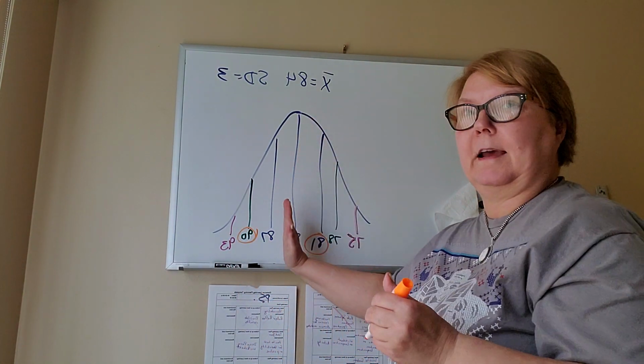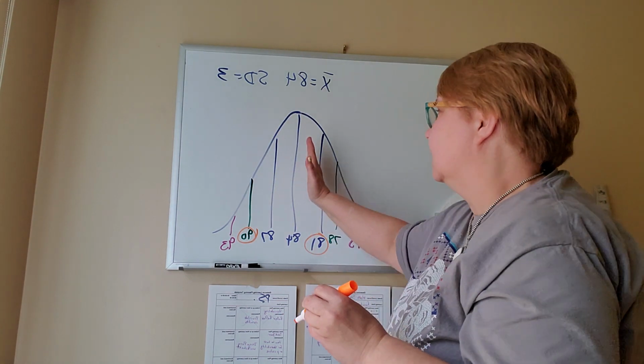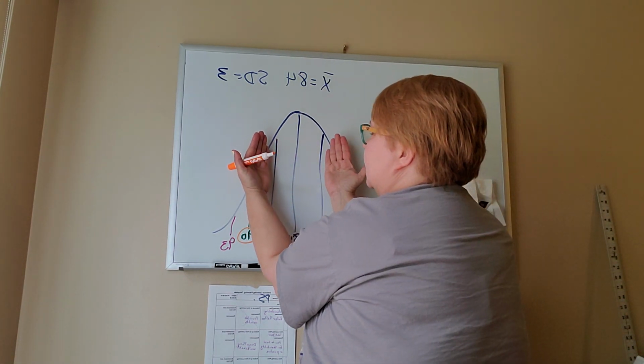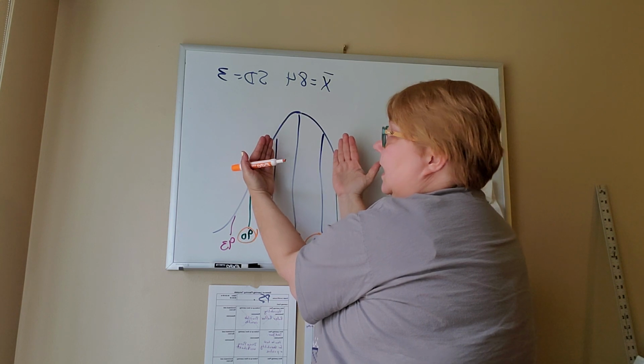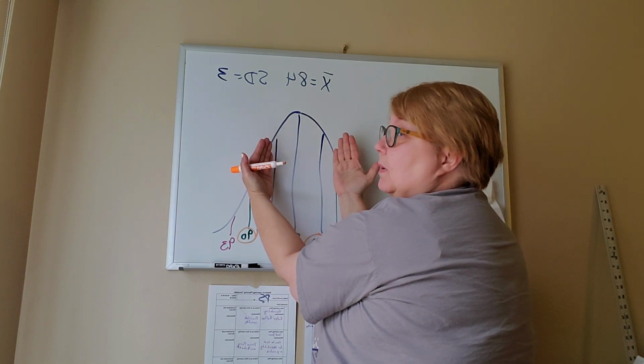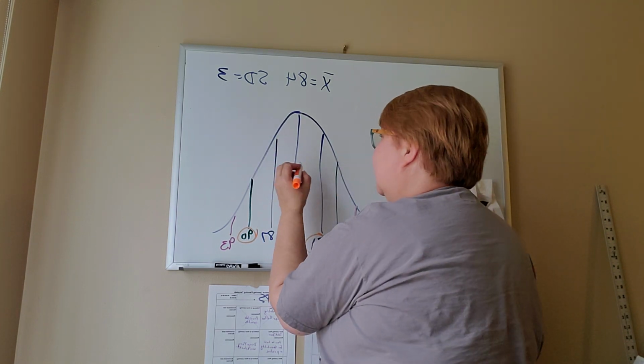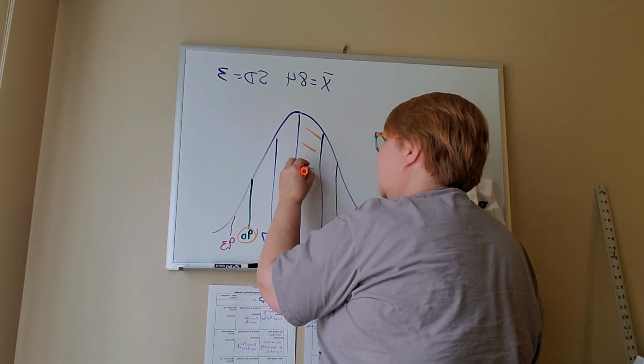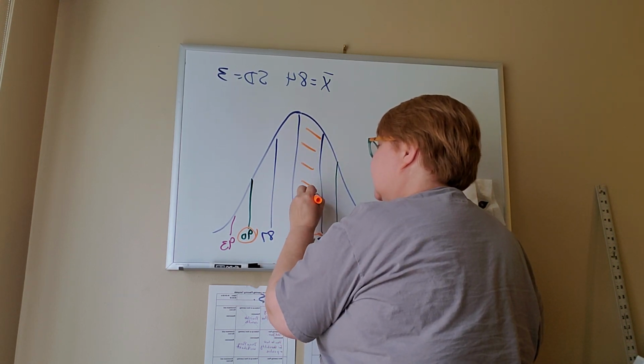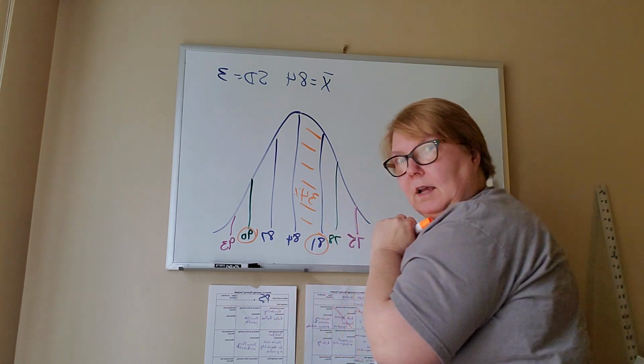So we're going to use the fact that this is symmetric. I already said that within one standard deviation is 68. If you take 68 and split it in 2 because it's symmetric, that means there's 34% in this space. Okay?